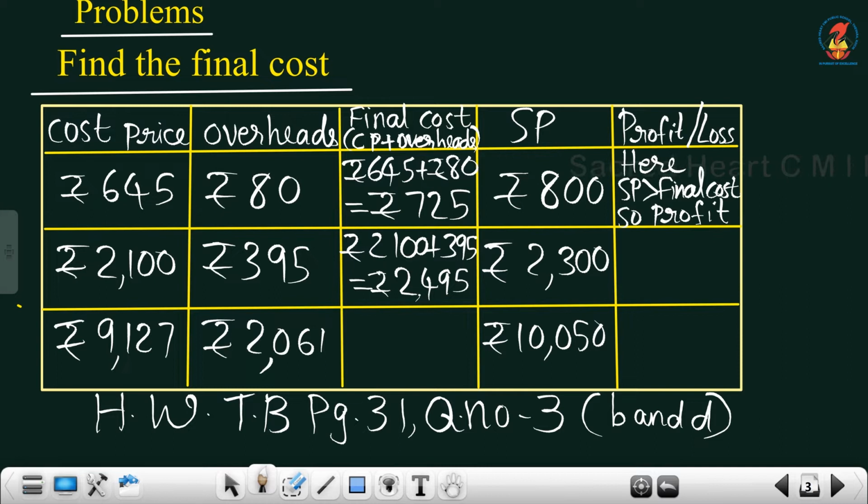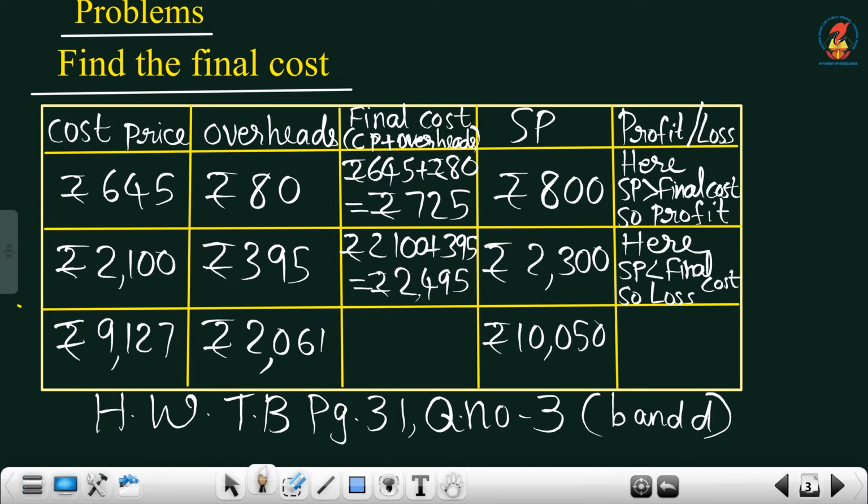Loss only. And here SP is less than final cost. So loss. Is it clear?